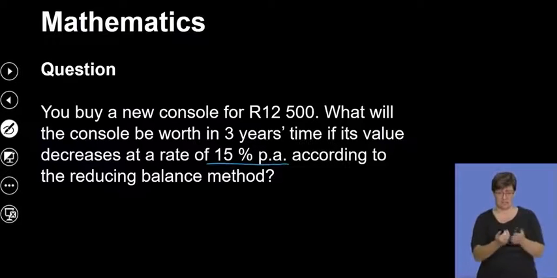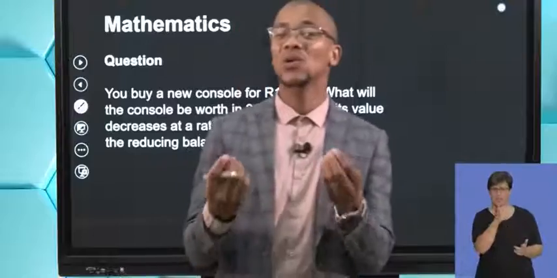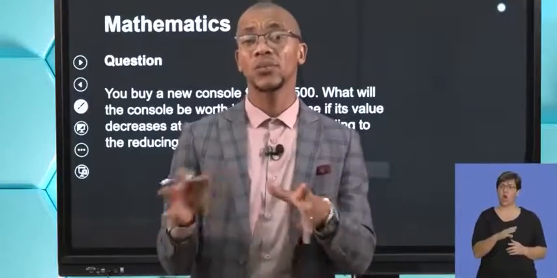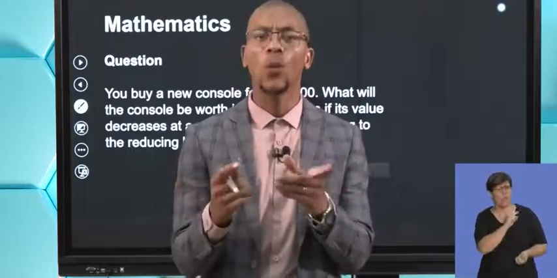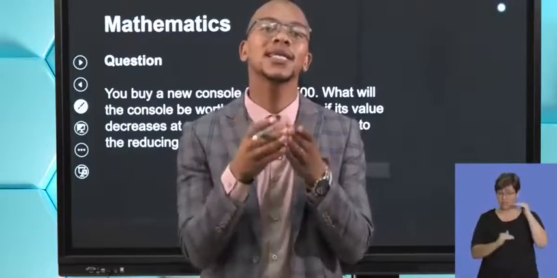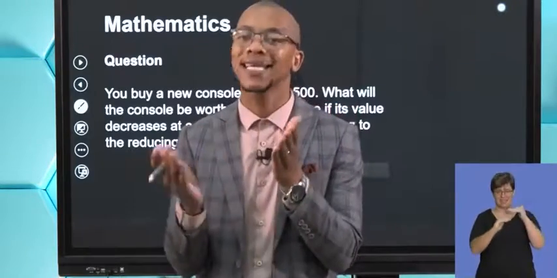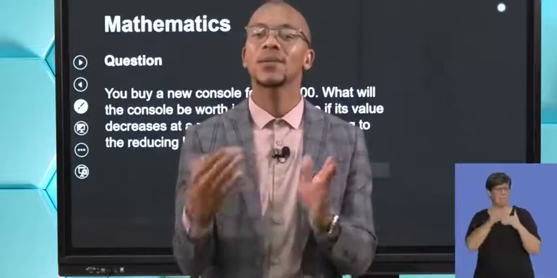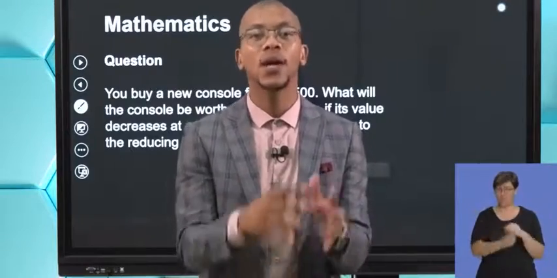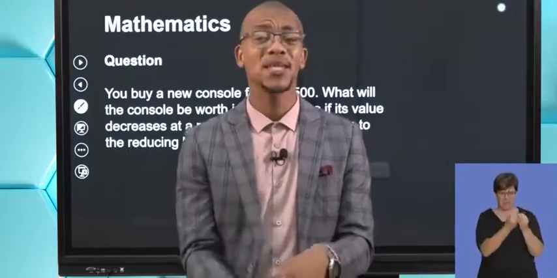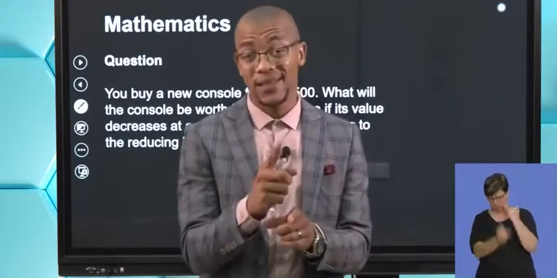Now, if you look at this, there is nowhere where I'm going to say to you per annum compounded. I will never say that. Why? Because depreciation is a yearly thing. It has nothing to do with months or anything like that. It normally is calculated on a yearly basis. So if you see compounded on depreciation, there's something wrong there.